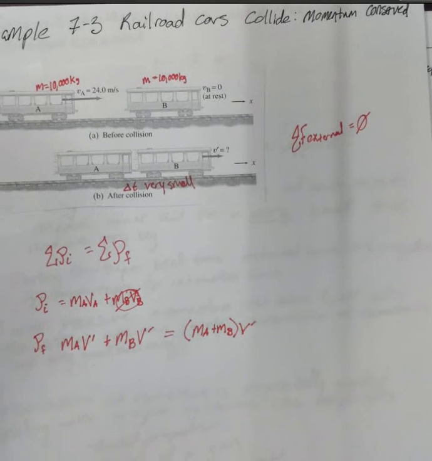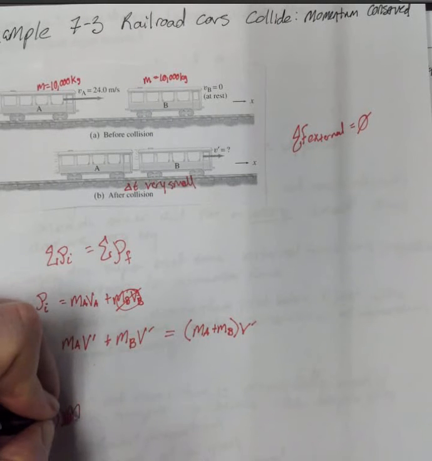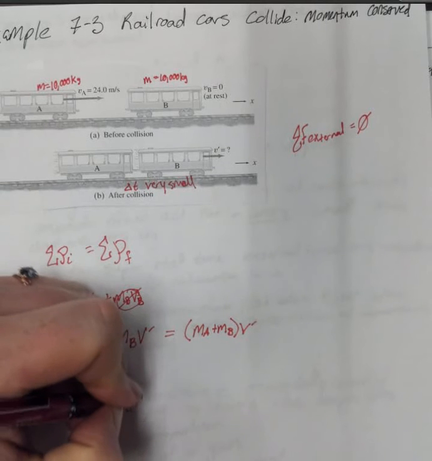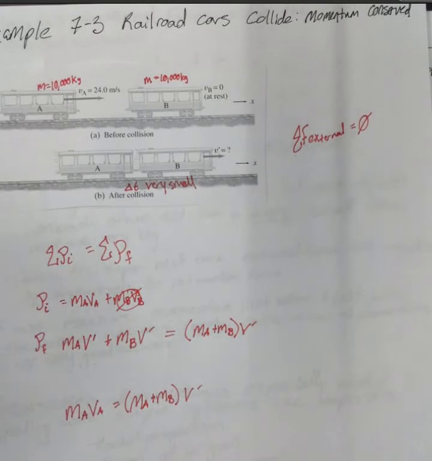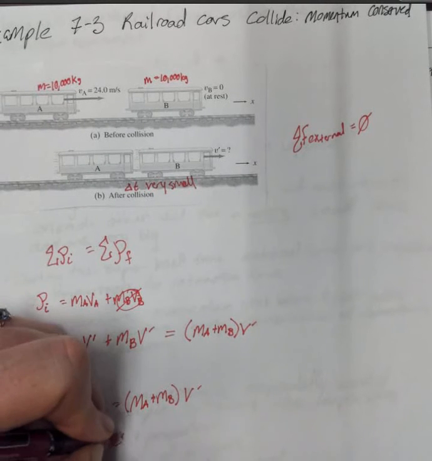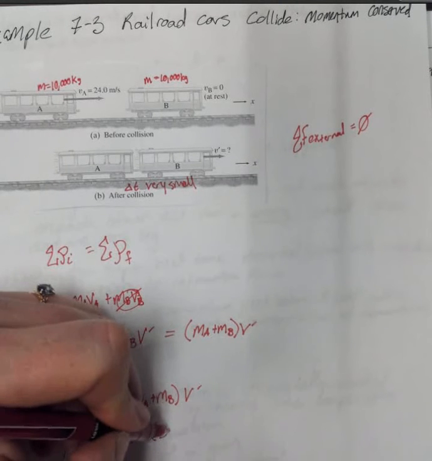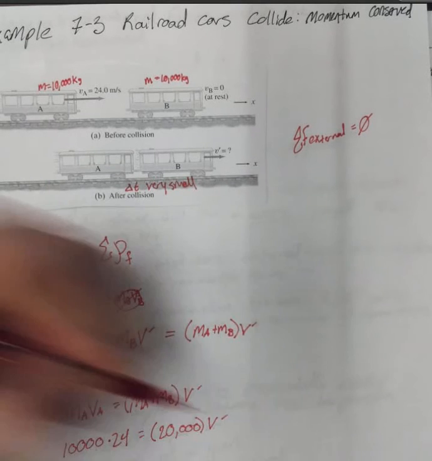So let's set initial and final momentum equal to each other. I get MAVA equals MA plus MB times the final velocity, which is unknown. So I have 10,000 times 24 meters per second should equal 10,000 plus 10,000, 20,000, times V prime.